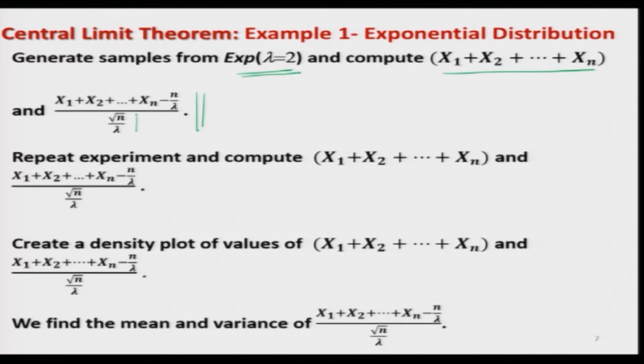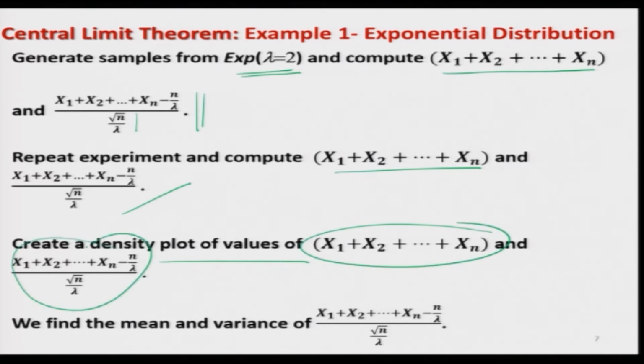I will repeat this experiment, and every time compute these two quantities for a given sample. Then I will create a density plot of both sets of values obtained, and also find their mean and variance.